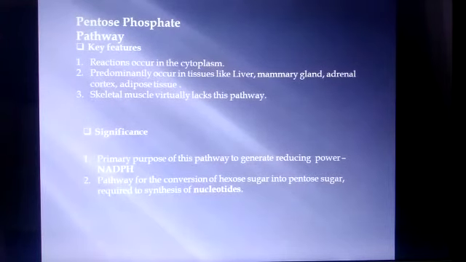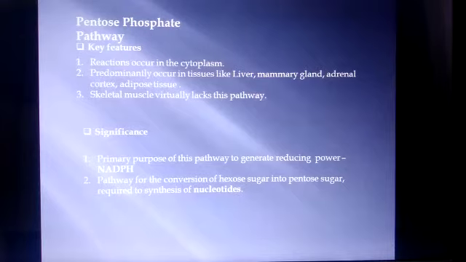Many cells possess another pathway of glucose degradation known as the pentose phosphate pathway, or phosphogluconate pathway, or hexose monophosphate pathway. This is not the main pathway for obtaining energy from the oxidation of glucose in animal tissues.